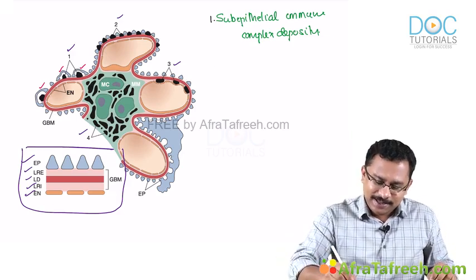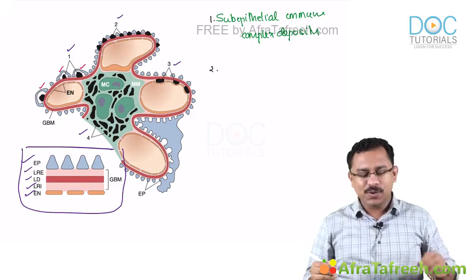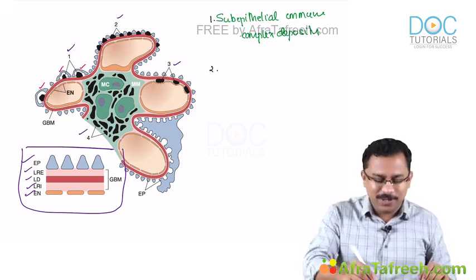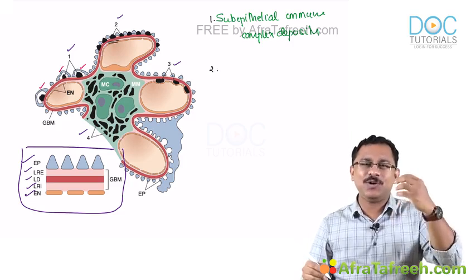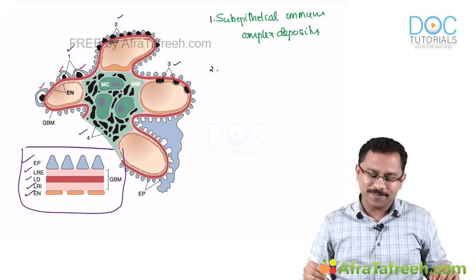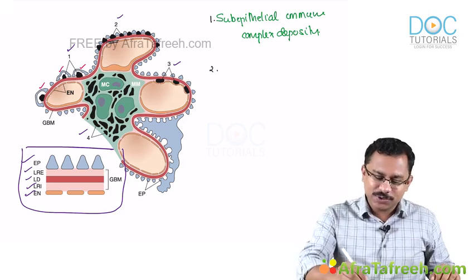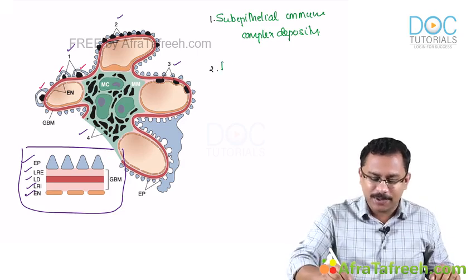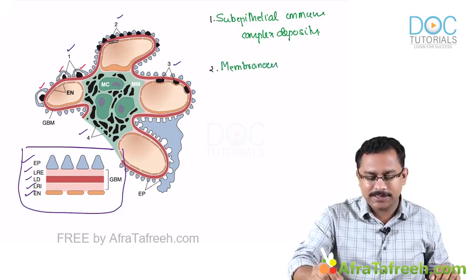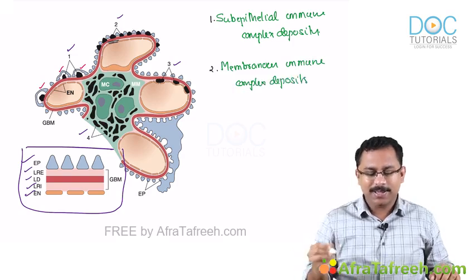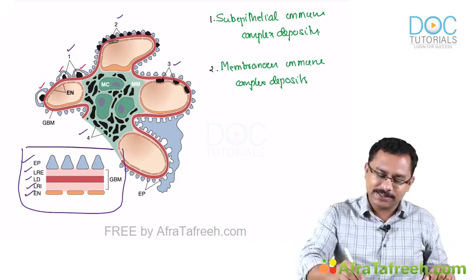Second, number 2. You are able to see the immune complex deposits are mainly in the glomerular basement membrane. You agree with me or not? So you can say these are predominantly membranous immune complex deposits.